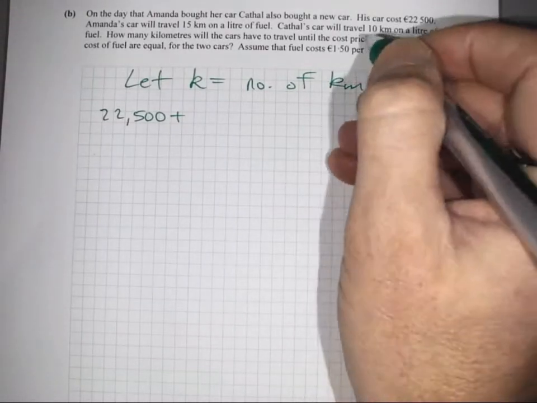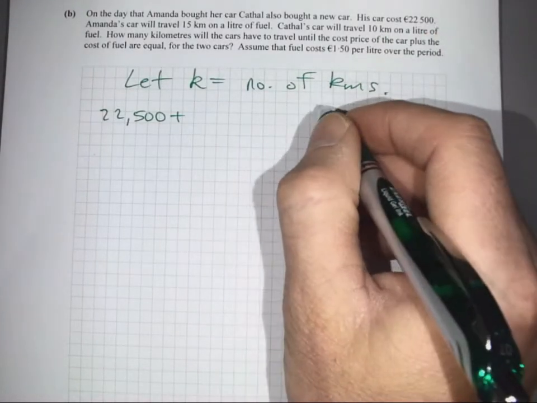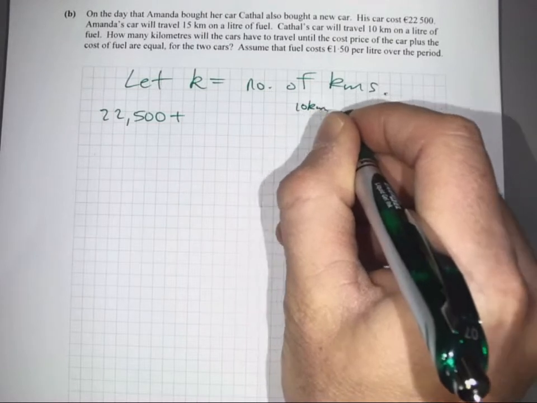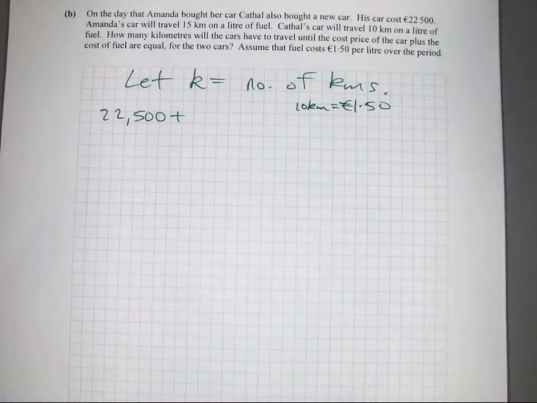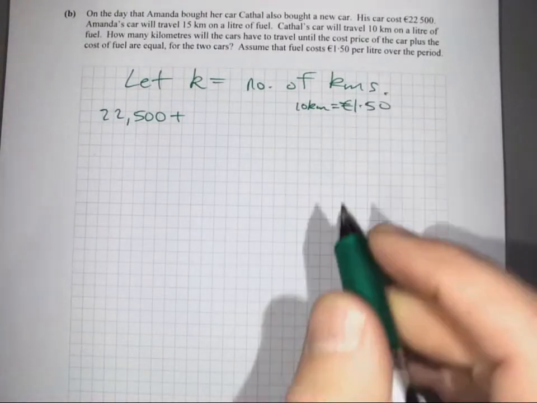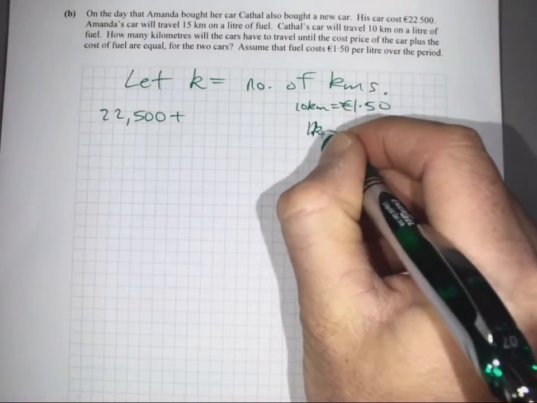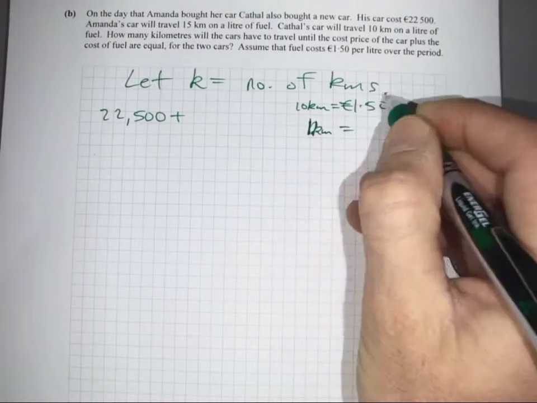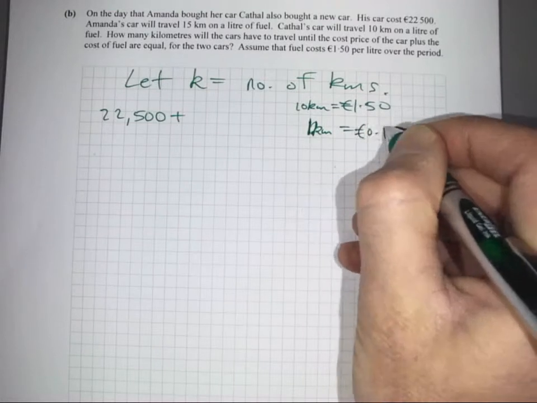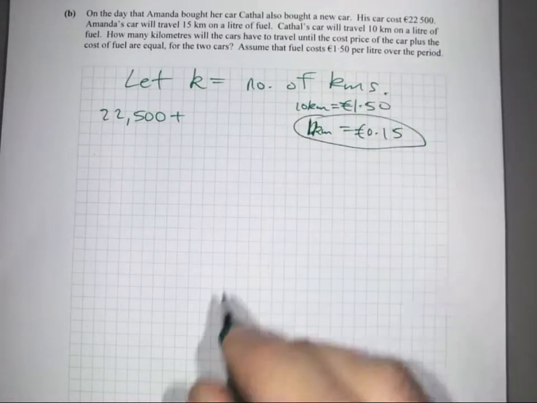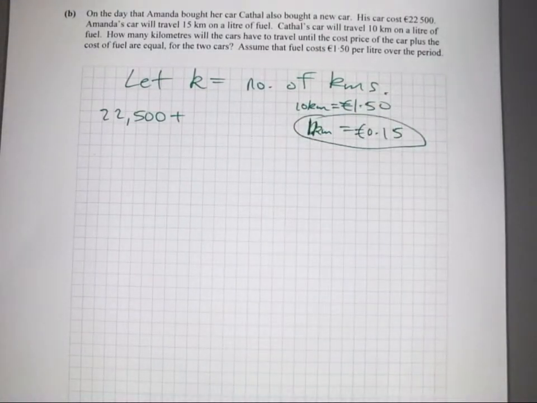So we can see that for Cahill, 10k is equal to 150 in petrol costs or diesel or whatever it is. So 1k will equal this divided by 10, which will be 15 cent. This is for Cahill. So that's the price of his fuel. 1k equals 15 cent.